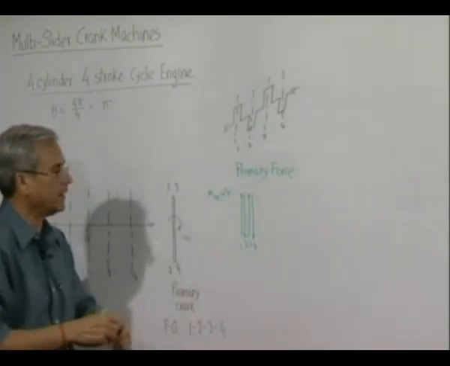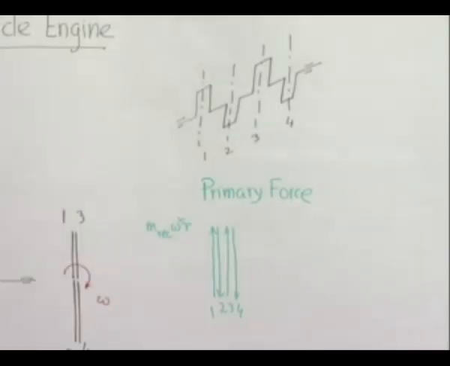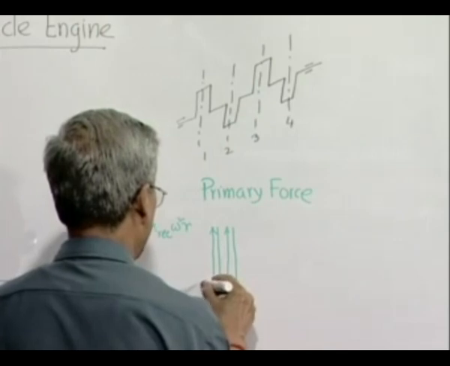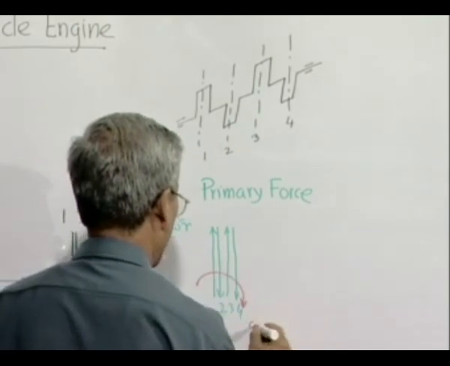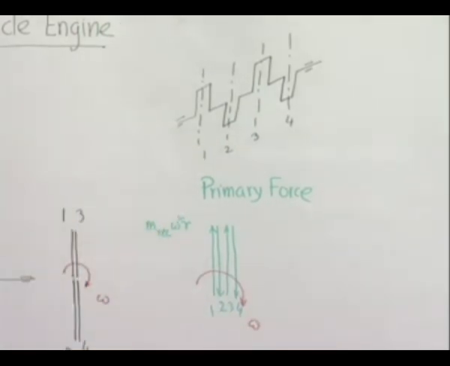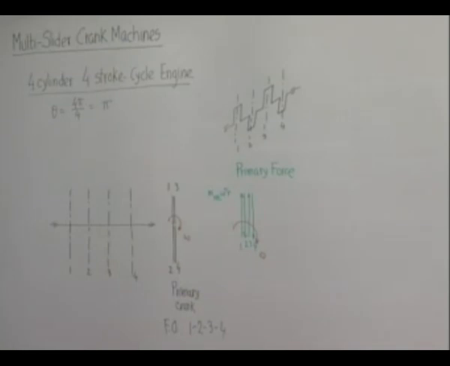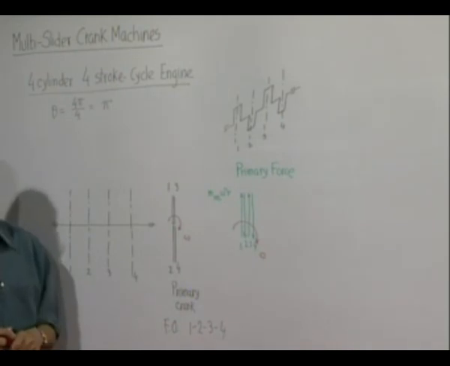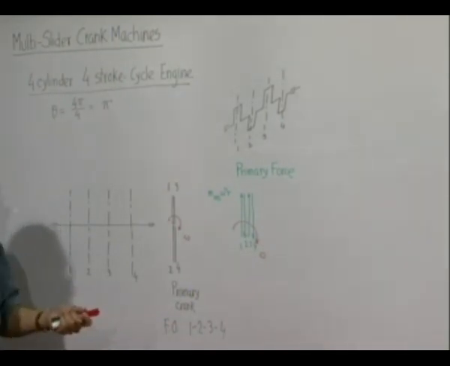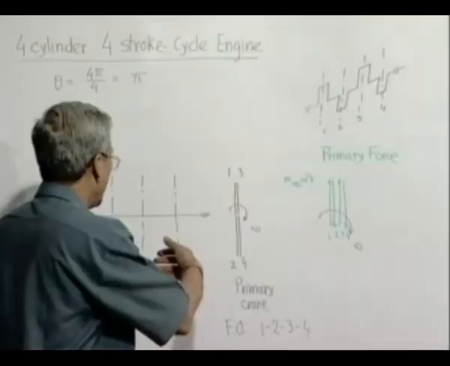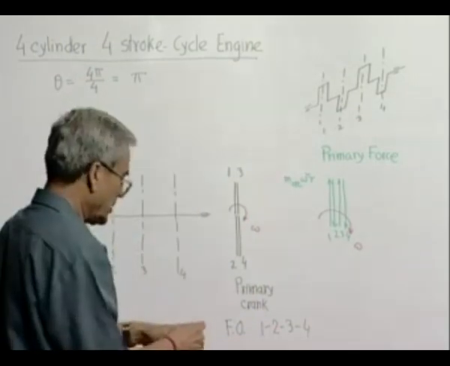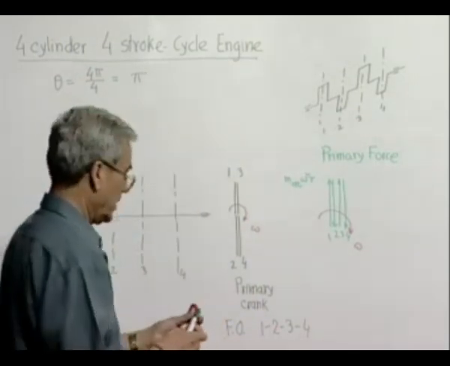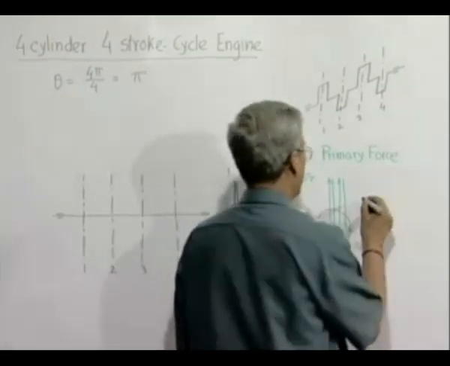And the whole thing, as we know, is rotating with a speed omega. So, it is very clear that the force diagram produced by the centrifugal forces of hypothetical masses placed at the crank pins balances itself. If those balance themselves, then obviously their components in any direction will also be balanced. So, the primary forces are balanced.